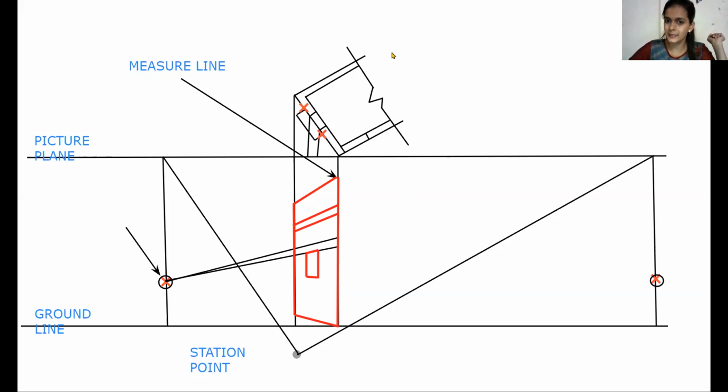Consider these 2 points connected to the station point and draw vertical lines from that.